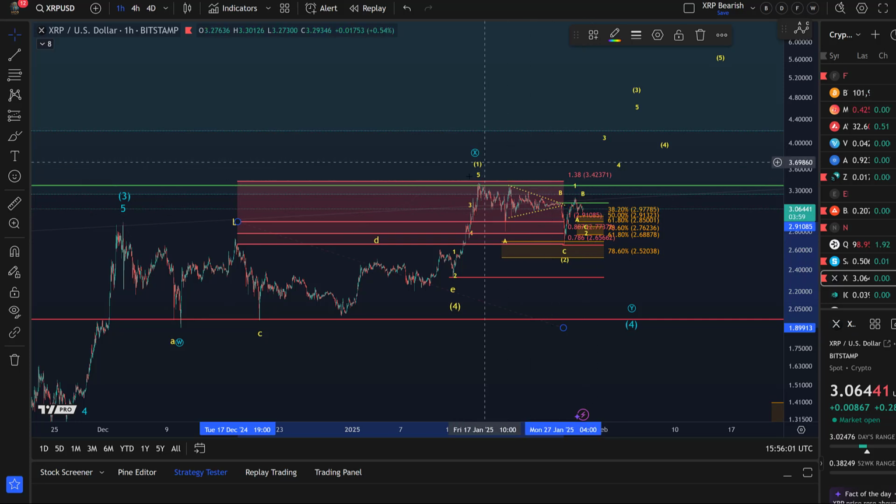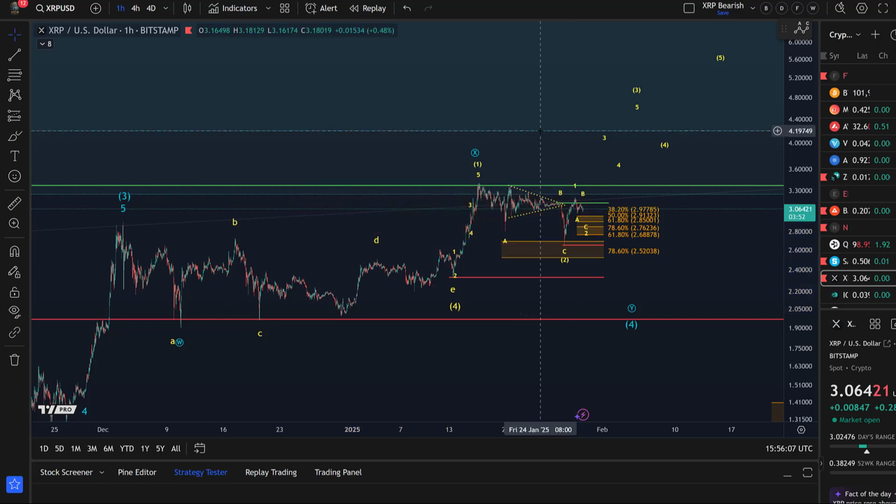And that's at $3.42. And you can see that was reached perfectly. So therefore, I cannot rule out that this is all still part of a wave 4. It's just about understanding the parameters and being prepared for it, also mentally.